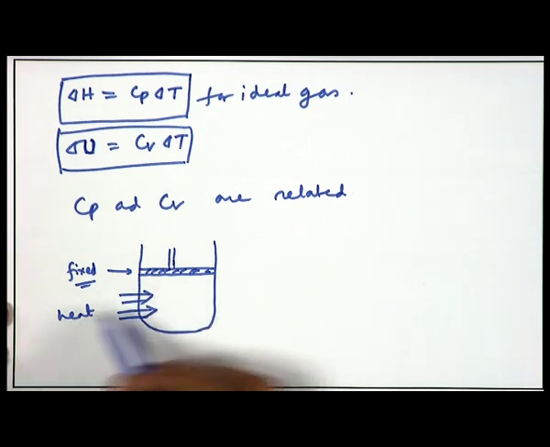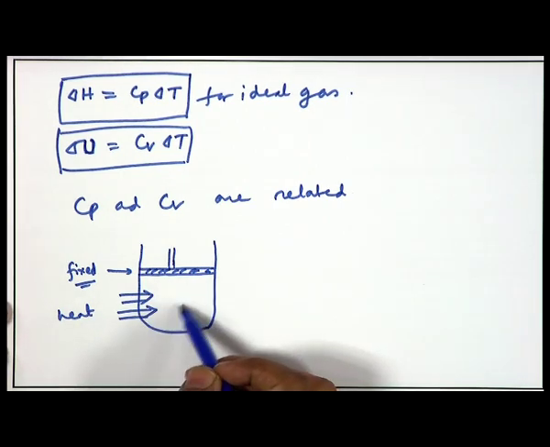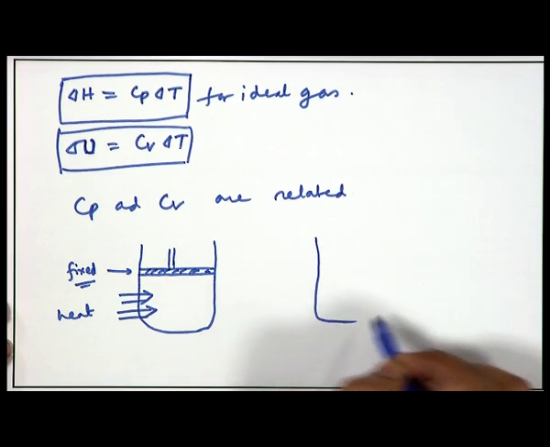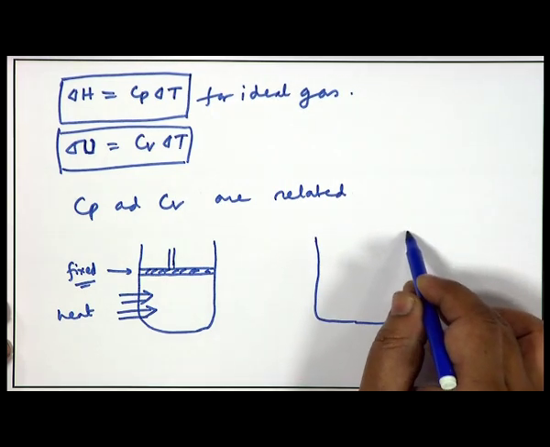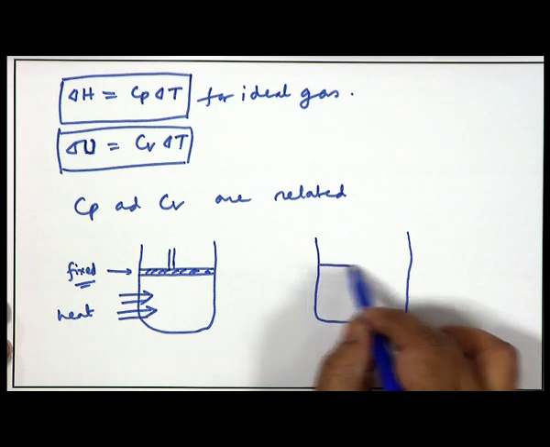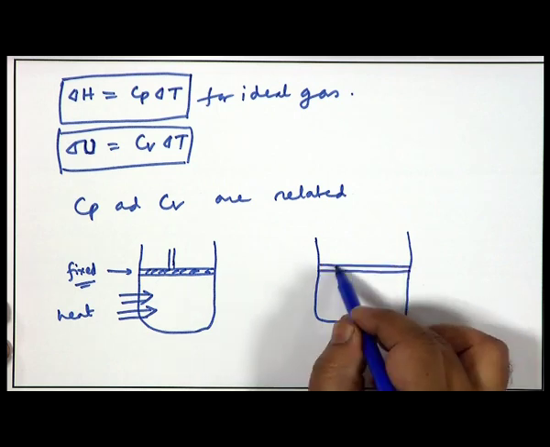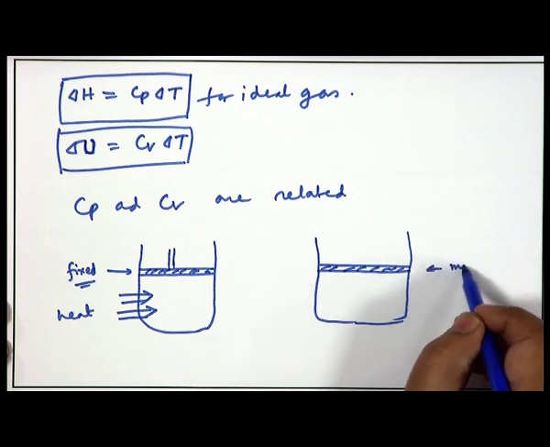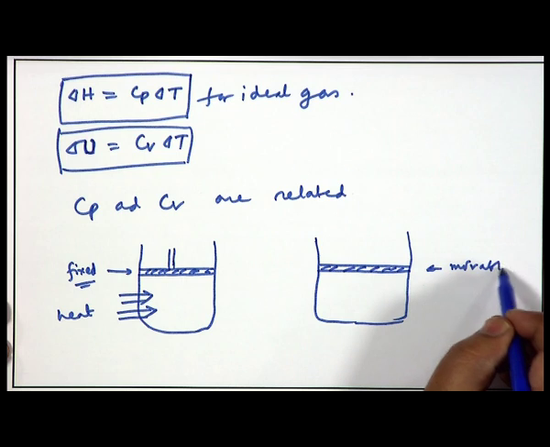Whatever heat is supplied here will increase the internal energy, which will increase the temperature of the system. But if we do the process at constant pressure, we write the same thing, but in this case this is not fixed, this is movable or non-rigid.